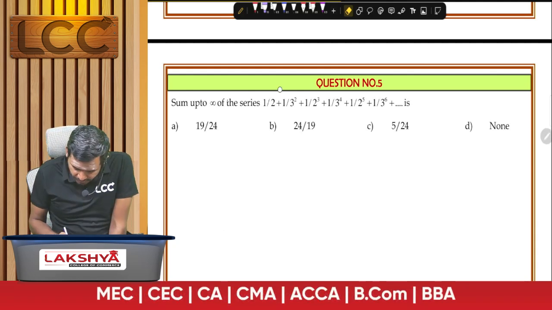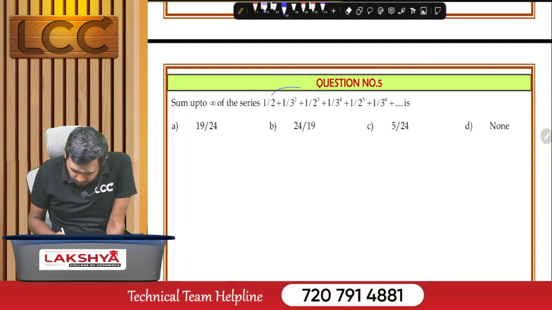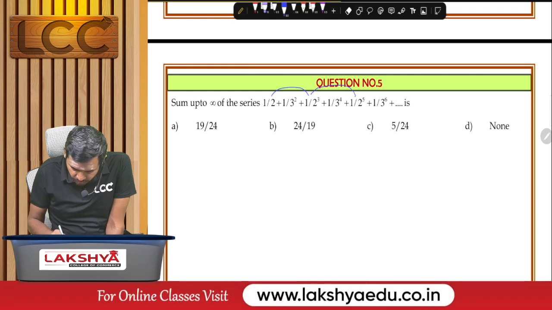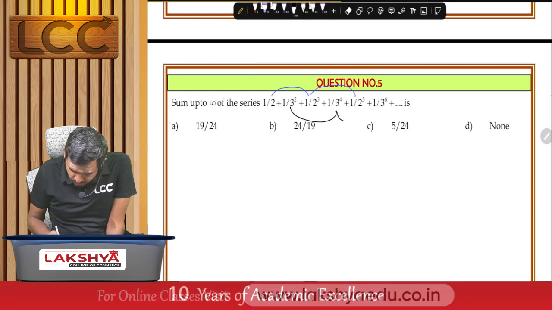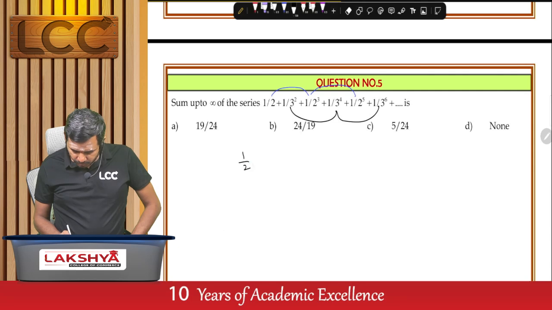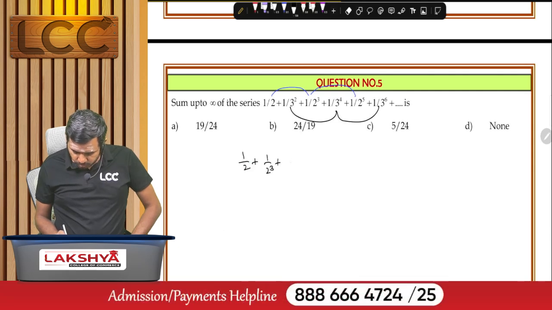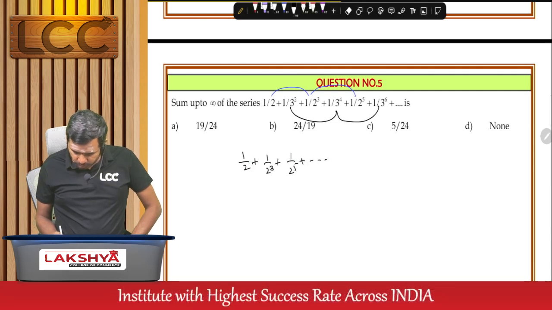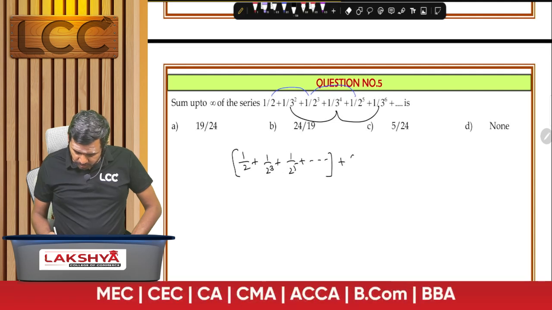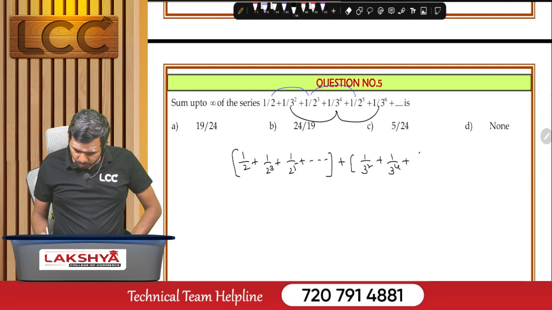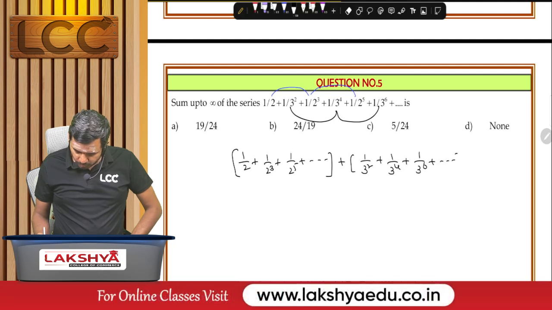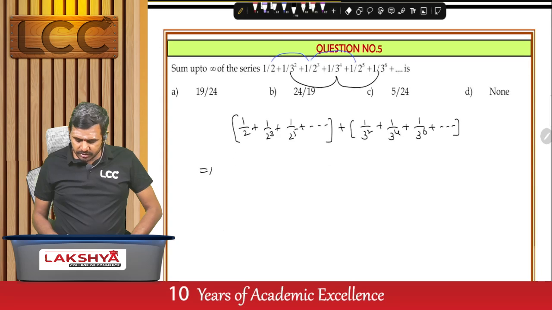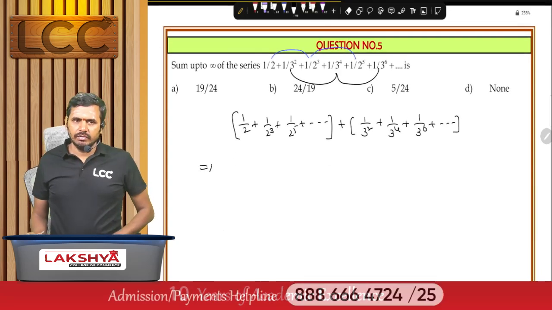They are 1 by 2 plus 1 by 2 cube plus 1 by 2 power 5 and so on, plus the remaining terms 1 by 3 square, 1 by 3 power 4, 1 by 3 power 6 and so on. In these cases, two different GPs are given.